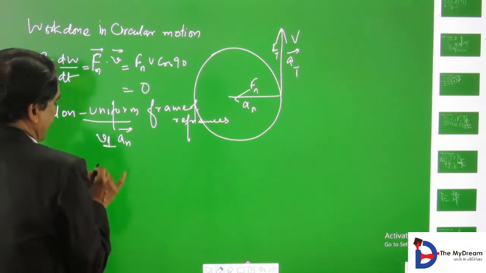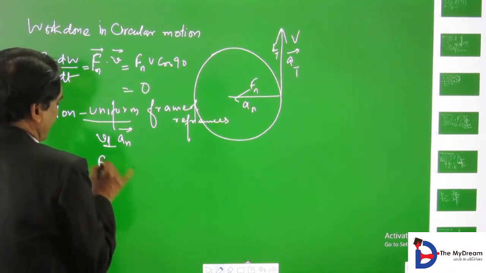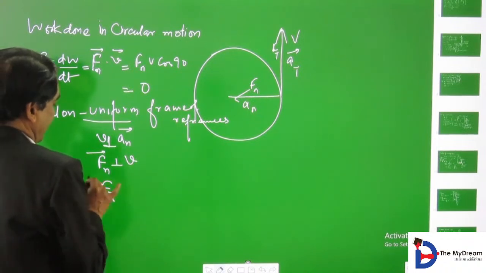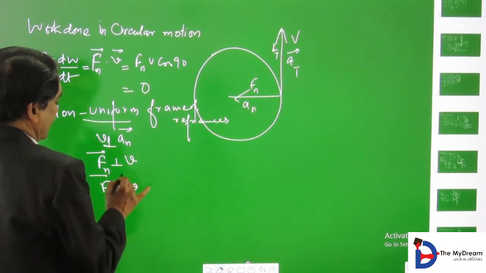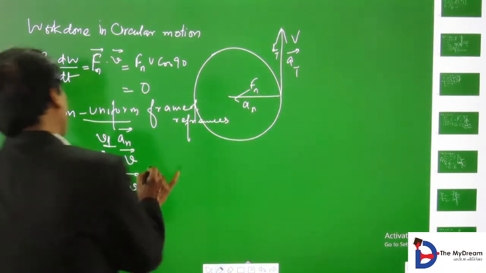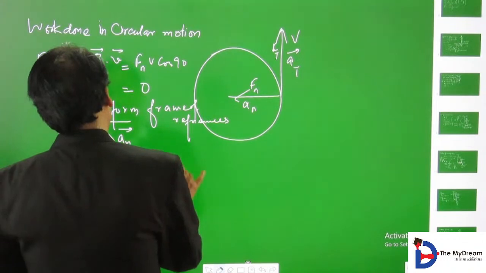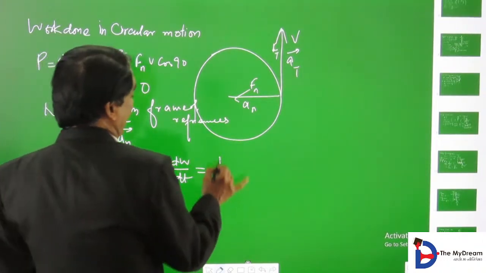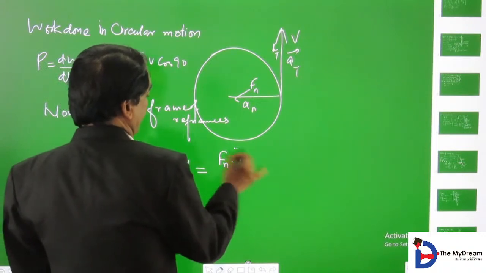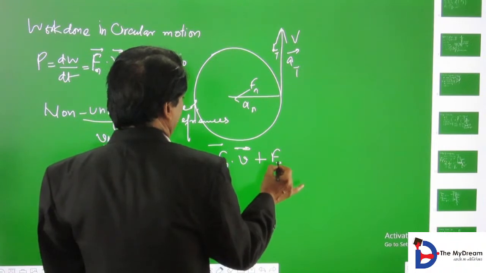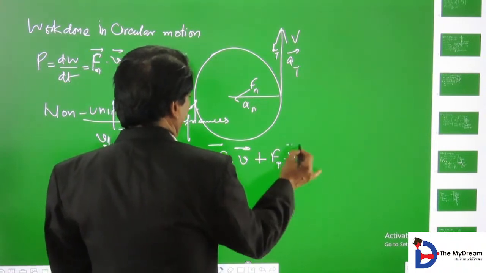Normal force is perpendicular to the velocity, but tangential force is parallel to this. So delta W by delta t, which is equal to Fn dot v plus Ft dot v.